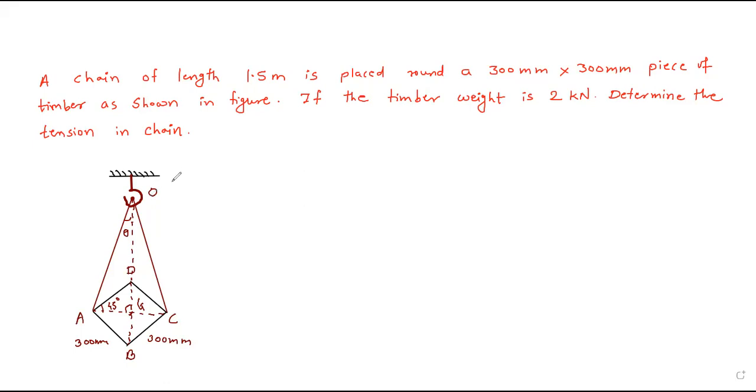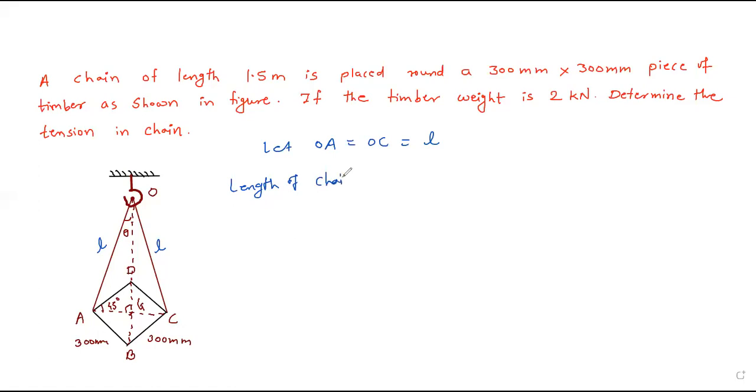Now I will tell you one thing. If you observe carefully, I will assume something here. Let OA equal OC equal L. I will assume this length is L, and this is also L because these two are the same. But I know the total length of chain.